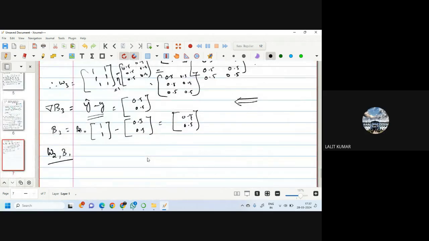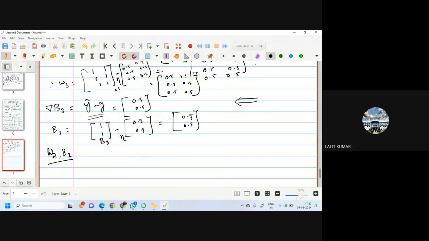Y hat minus y. After that, the next line is the update: B3 minus eta into this. Okay, fine. So B3 minus eta into B3.